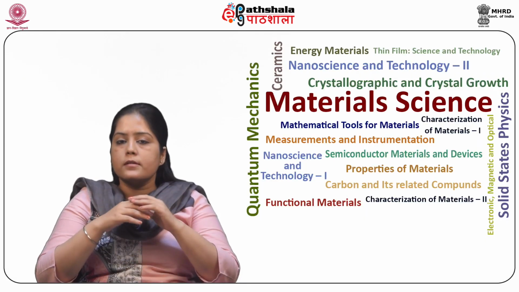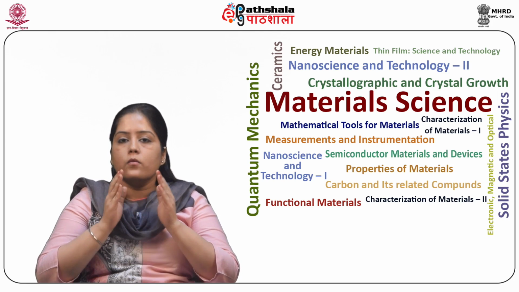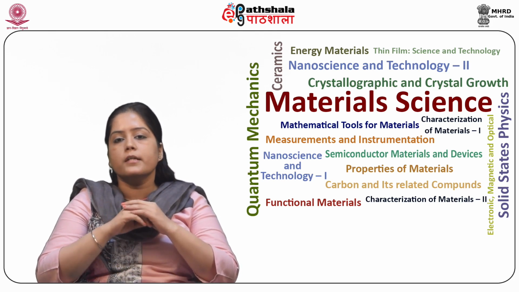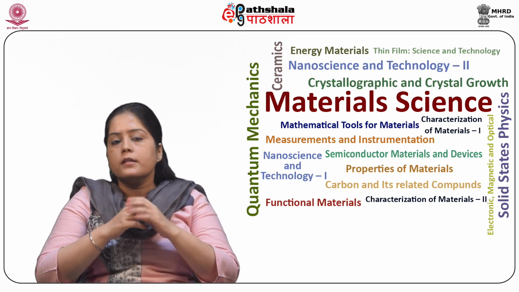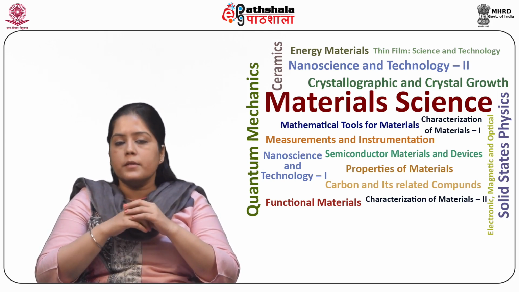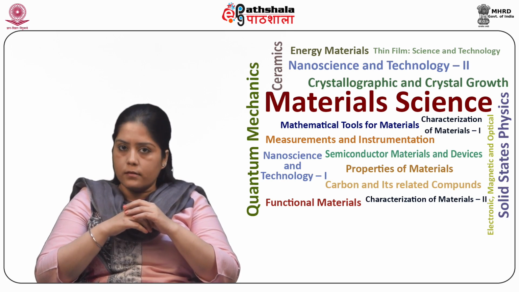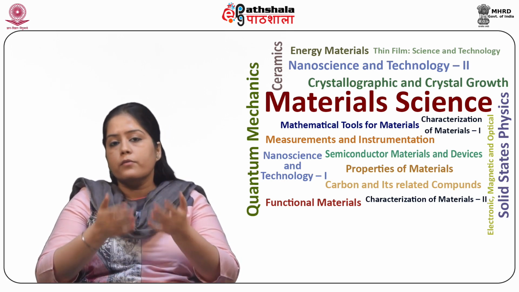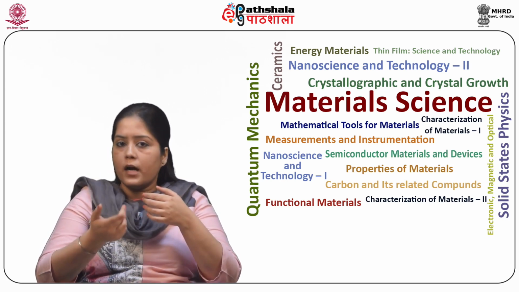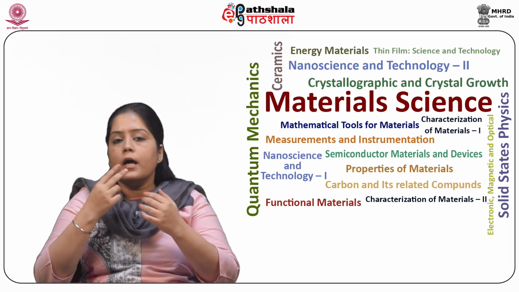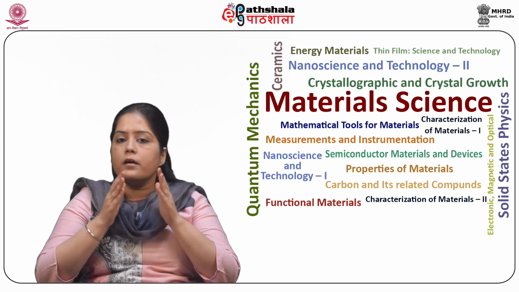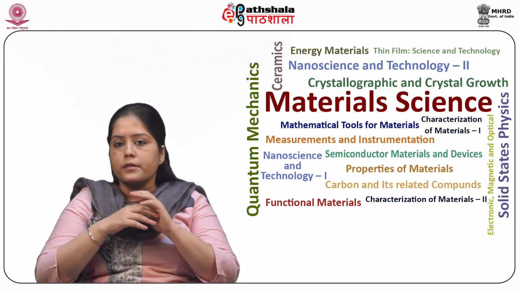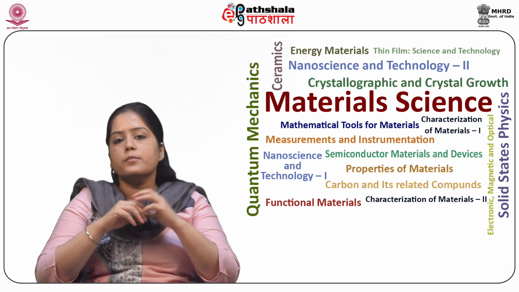So students, let us summarize what we have learned in this module. Firstly, the organic light emitting diodes were discussed, which offer very high brightness and low power consumption, and they are a very good prospect to make flexible displays.